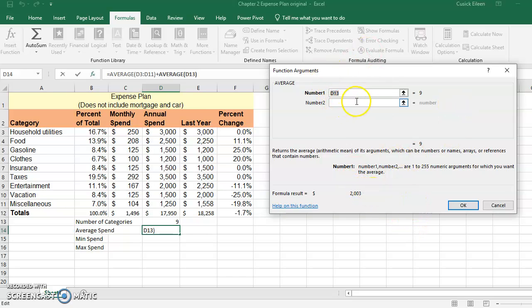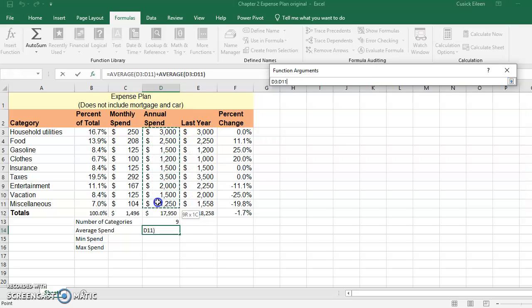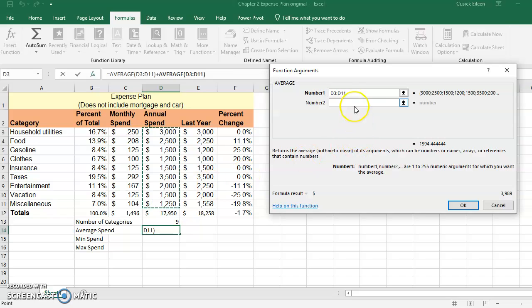Because I want to average cells that are adjacent to each other, instead of D13, I would enter D11 through D3. It would do the same thing. And notice as I'm starting to enter this, it's giving me the formulas here.